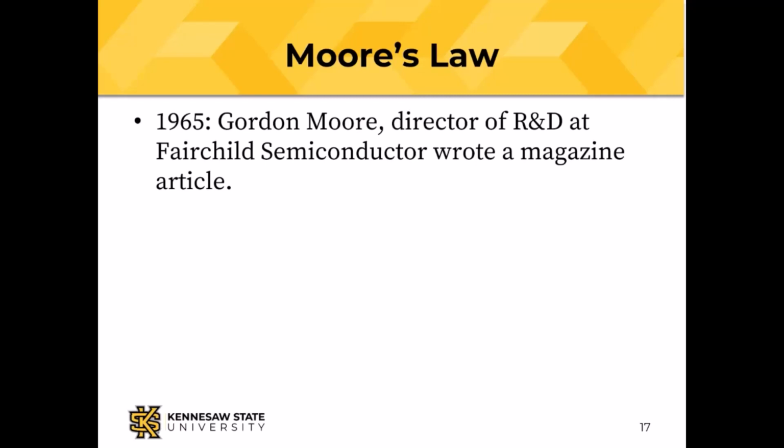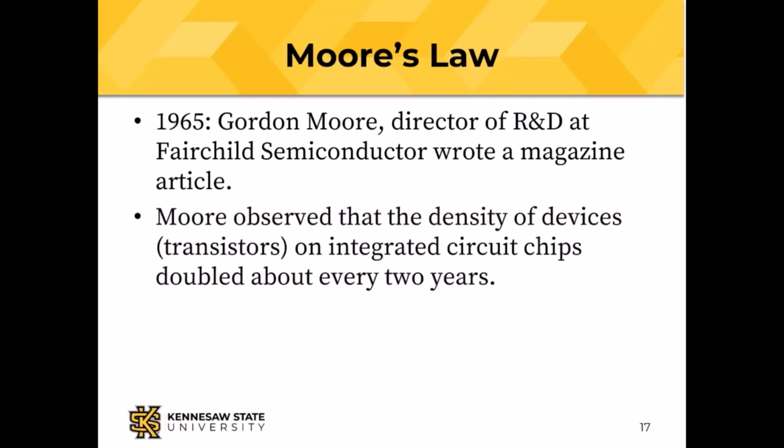So that doubling every 1 or 2 years is the thing that we call Moore's law. It's not like the law of gravity, not a physical law. It's an empirical observation, but it is an extremely important empirical observation.